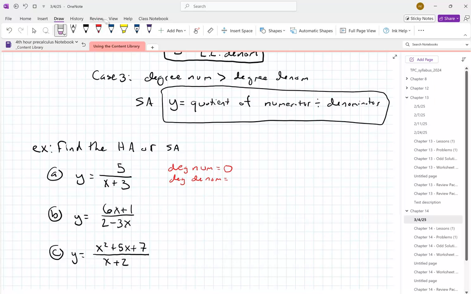And the degree of the denominator is 1. Since 0 is less than 1, I know we're in case 1. So we have a horizontal asymptote at y equals 0. That was our rule. If the degree of the numerator is less than the degree of the denominator, always horizontal asymptote, always y equals 0.